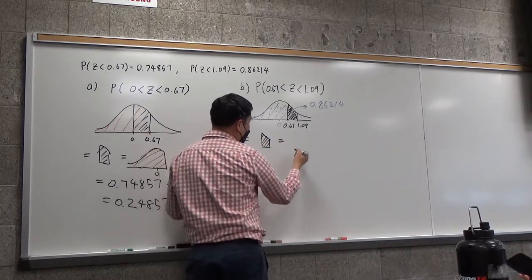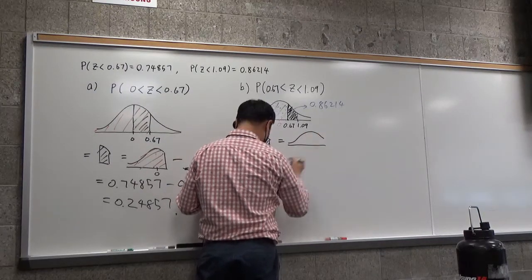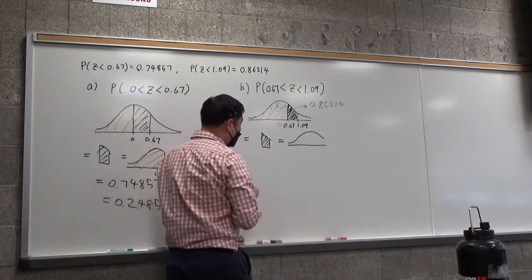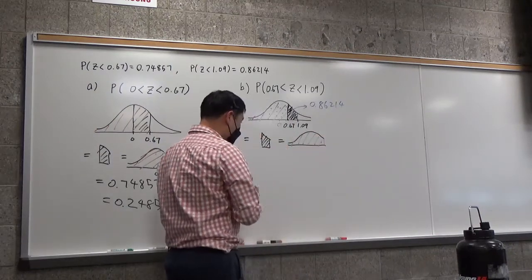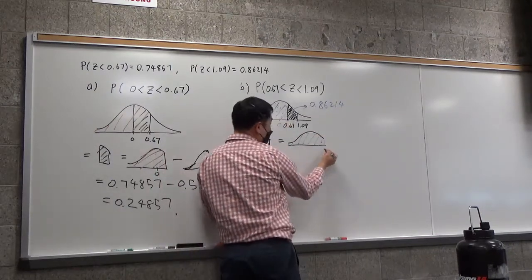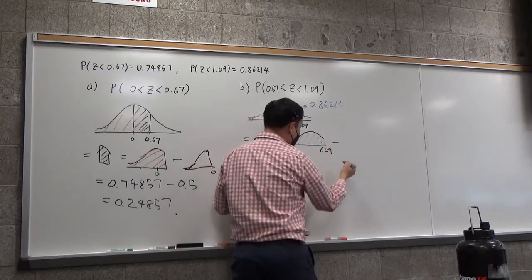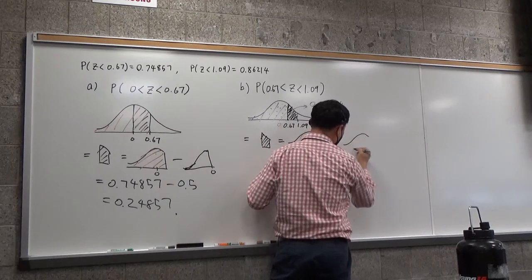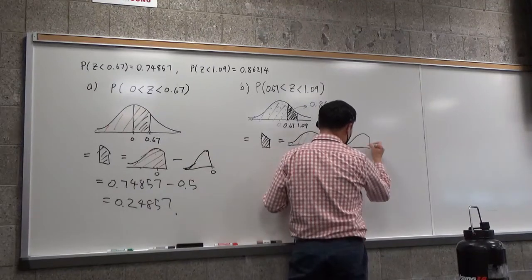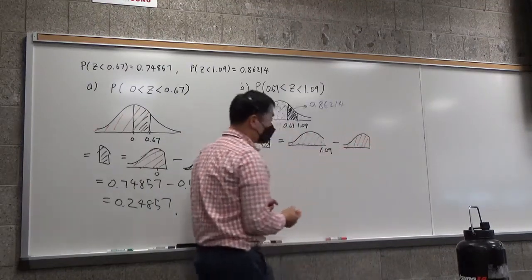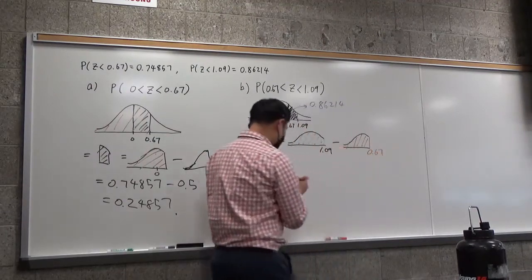And that's the same as this one, where I shaded blue, which is 1.09, minus everything before, which is 0.67.